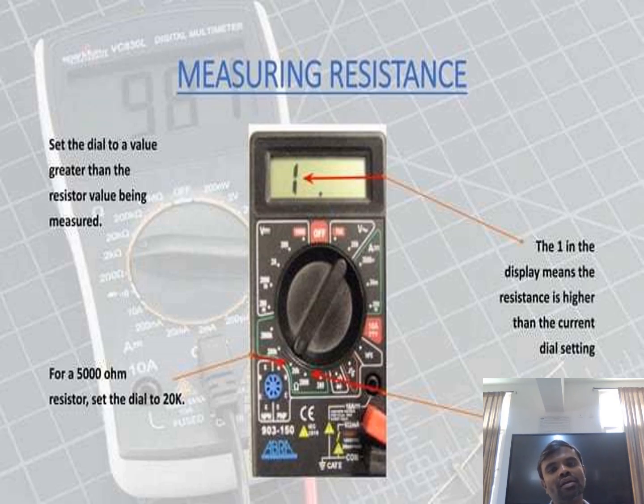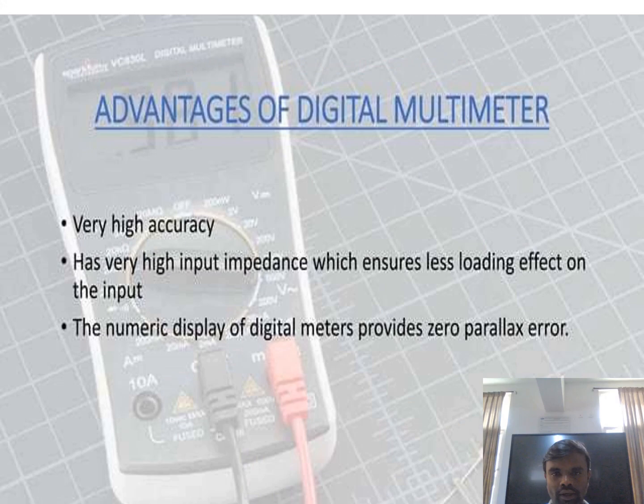Otherwise, it will display the number one in the display. So if the selection knob is not appropriate for displaying the output, it will show one here. There is a problem with the selection knob, and we have to make the arrangement accordingly.